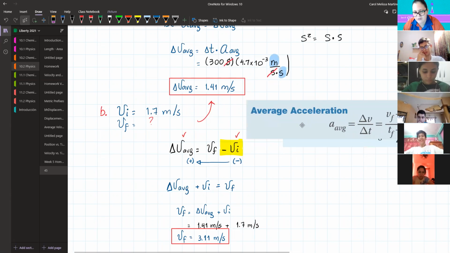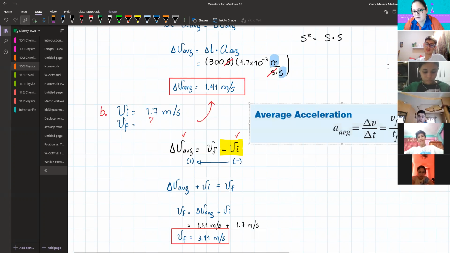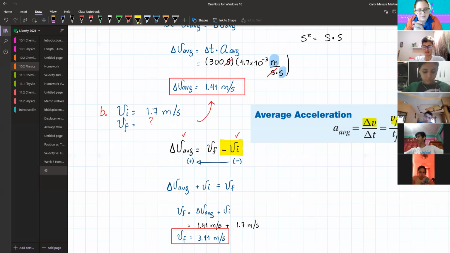This is the definition that I use. Average acceleration, that's the equation. But the definition that I use for delta V is right here: delta V equals final velocity minus initial velocity. If I talk to you about displacement, which is delta x, the equation is going to be the same, x final minus x initial.